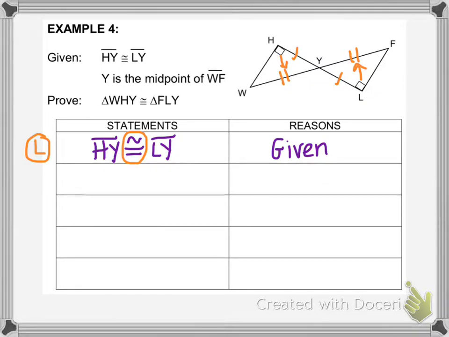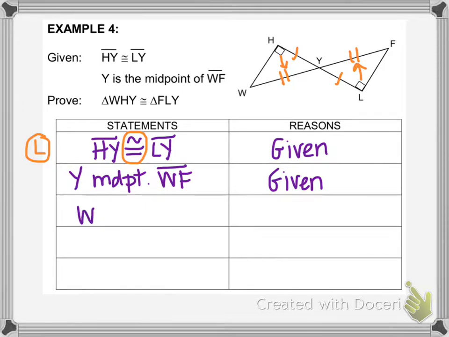My next given is Y is the midpoint of WF. And that, of course, is a given. But it's not a congruent statement, so I need to use it to make a congruent statement. The congruent statement we can say is that those two segments on either side of Y are congruent.